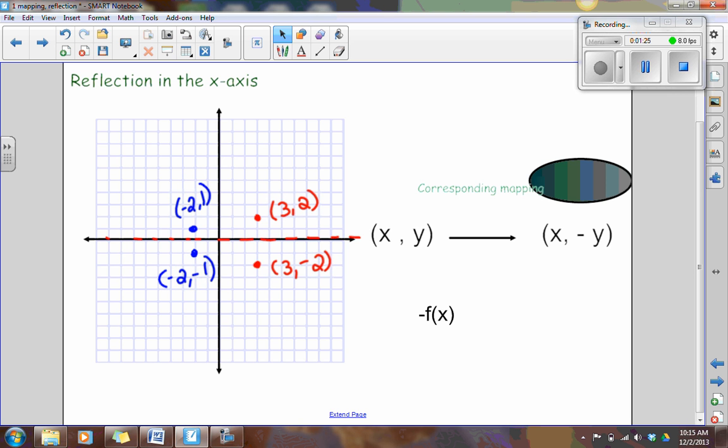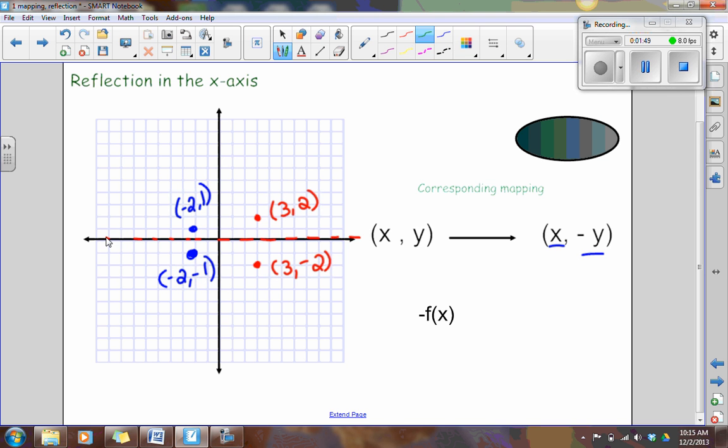Had we started at 2, -1 down here and reflected over the x-axis, that y value would have become positive. So x stays the same, y goes to the opposite, and that's what we call the mapping. So (x, y) goes to (x, -y) is the mapping for a reflection across the x-axis.